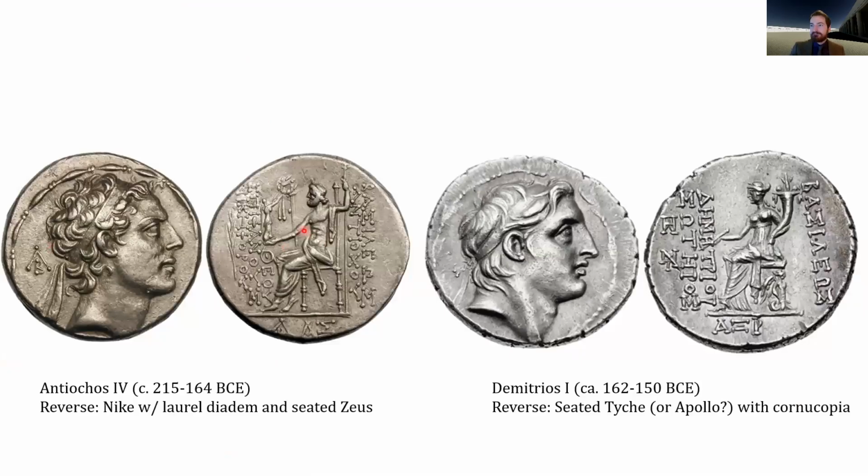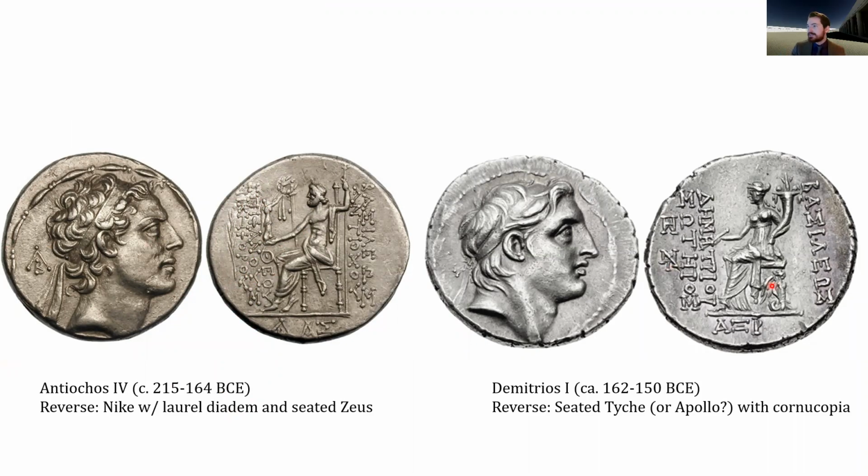They've moved on very much wholesale into taking on the ideas of divine kingship. So here, Antiochus IV has taken on the name Epiphanes, and he has basically taken these divine titles.